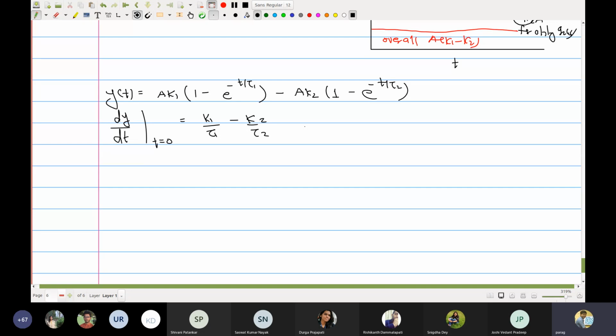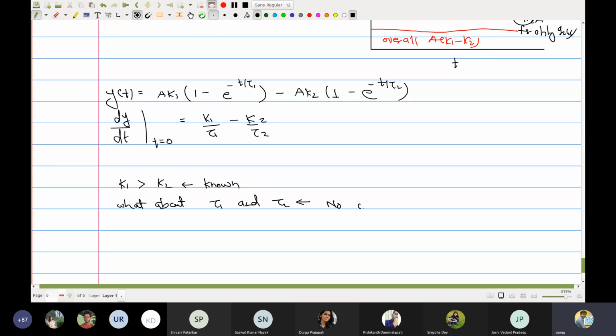Okay. Now you see here, we have K1 which is greater than K2. This is known. But what about tau 1 and tau 2?